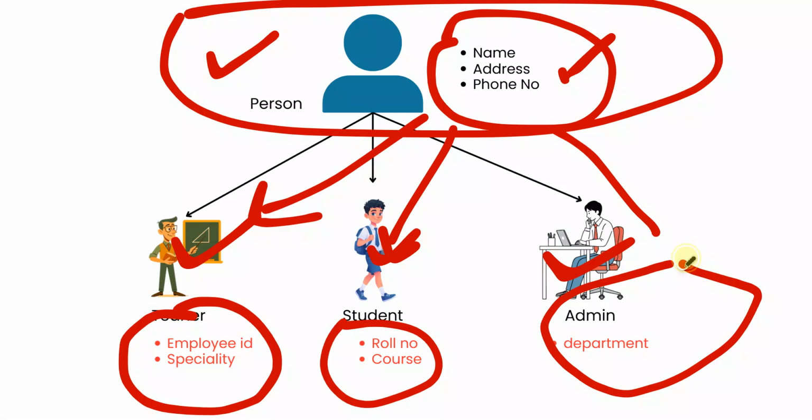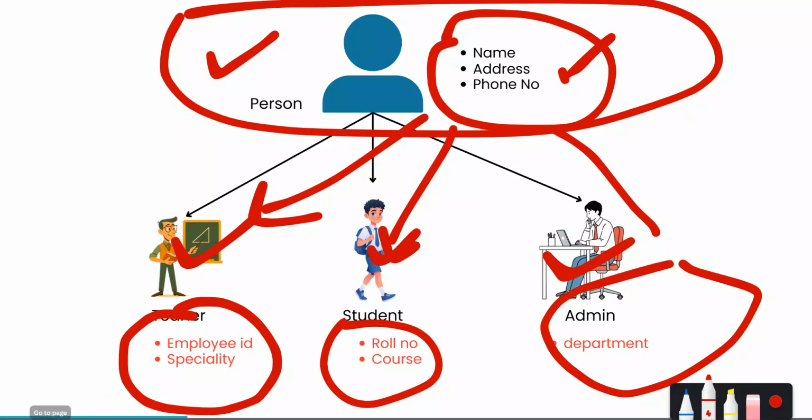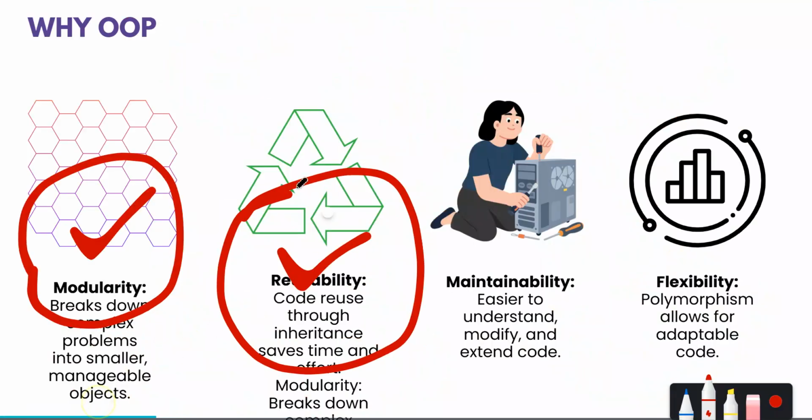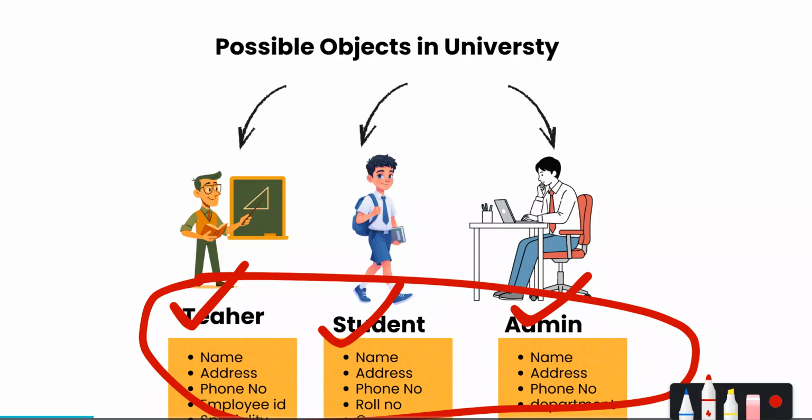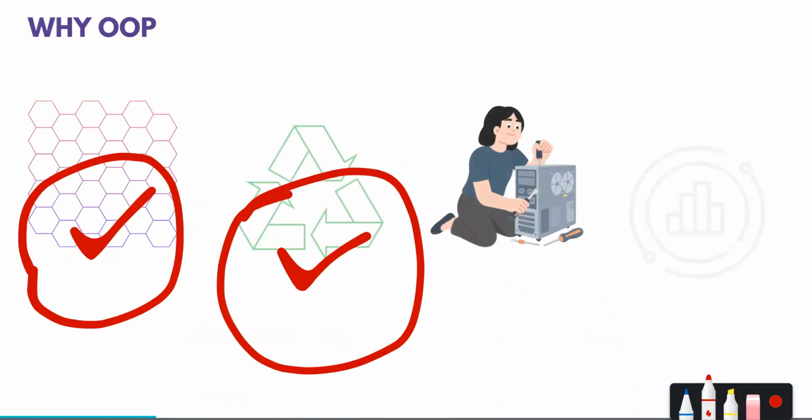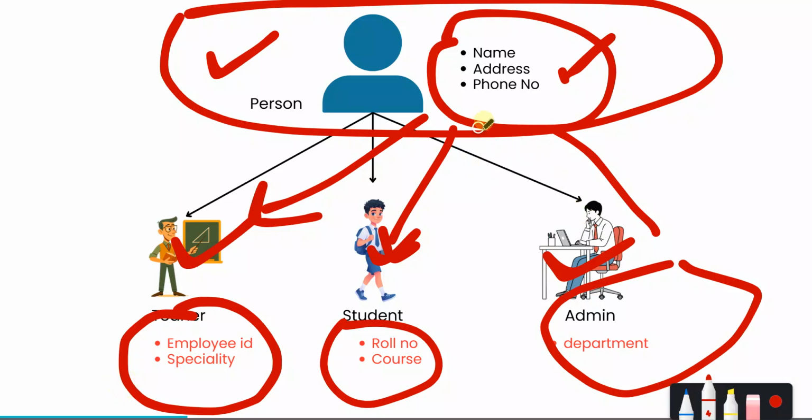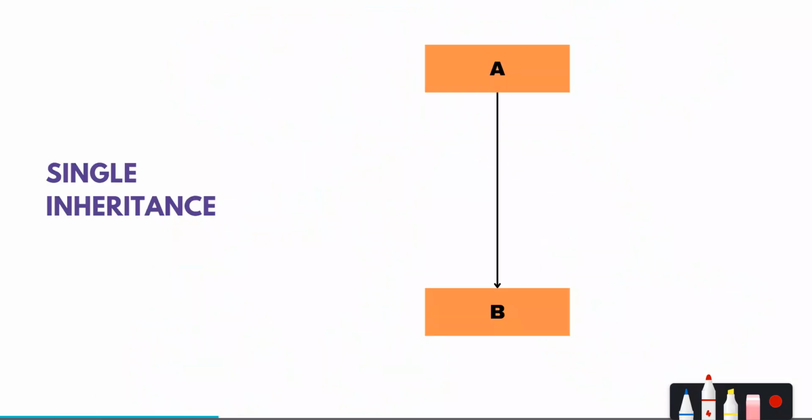In that way we meet the rules of object-oriented programming, reusing the data instead of repeating the data. Here you can see that we are repeating the data, but in this case we are reusing the data, not repeating it.